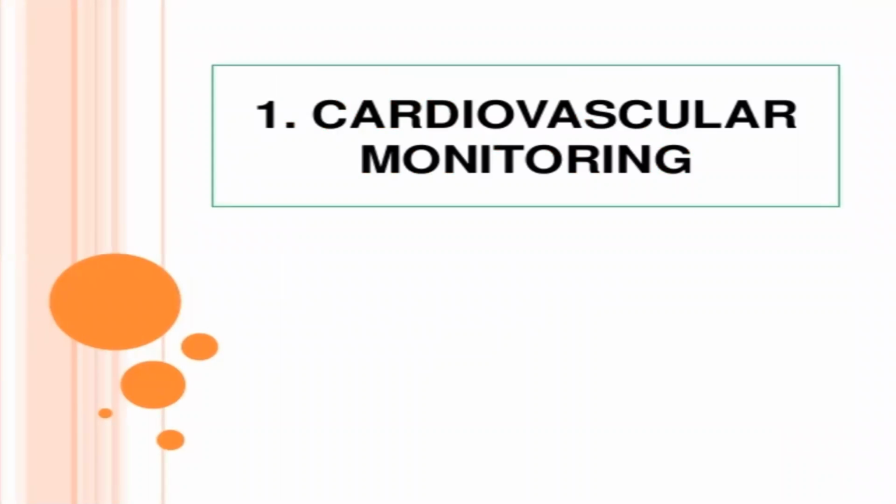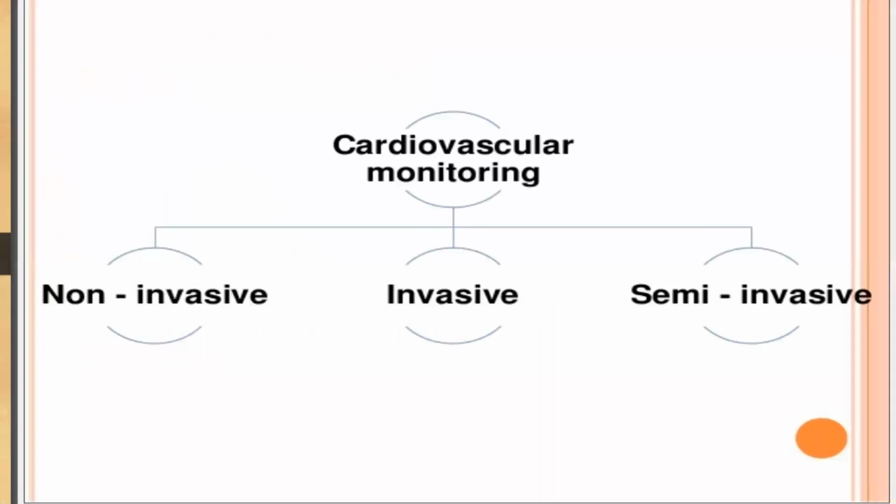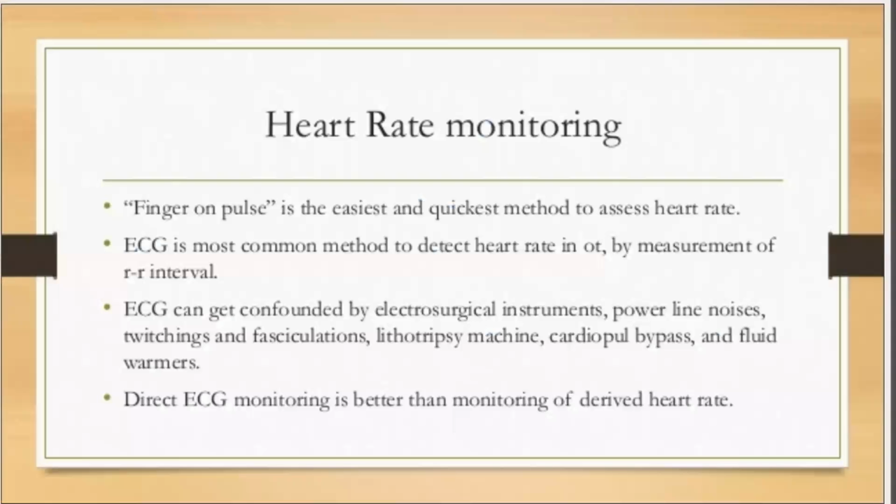First, cardiovascular system monitoring. Cardiovascular monitoring includes non-invasive techniques, invasive techniques, and semi-invasive techniques. First, heart rate monitoring. Finger on pulse is the easiest and quickest method to assess the heart rate.